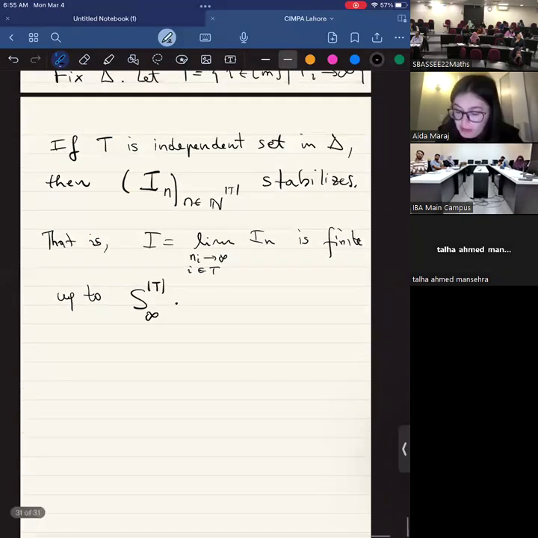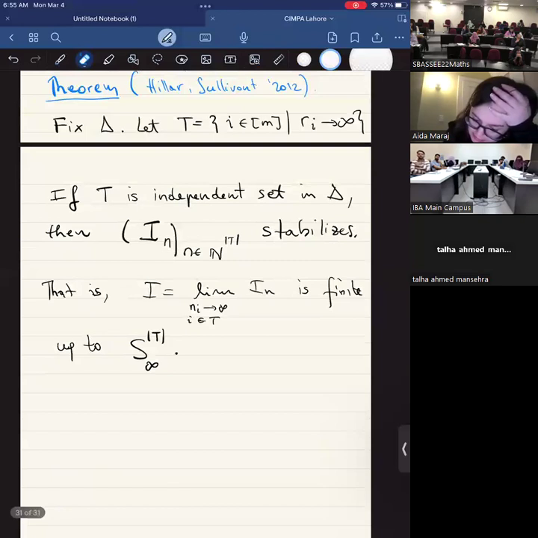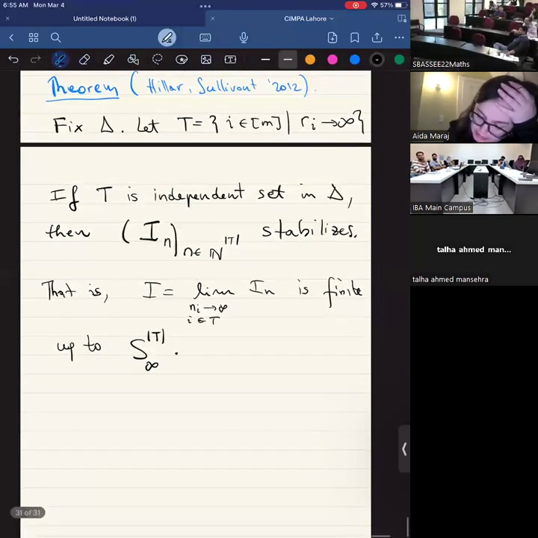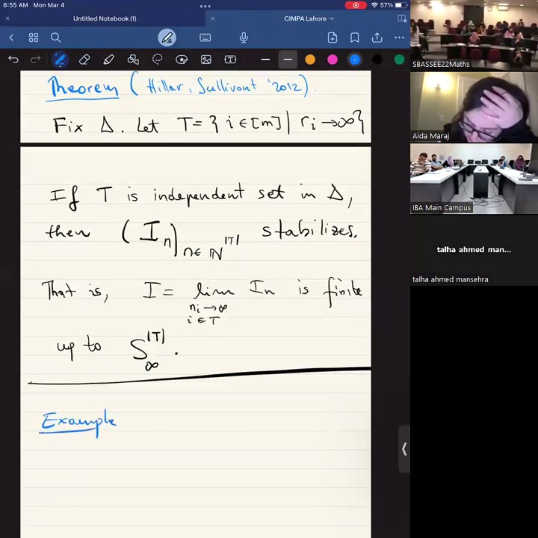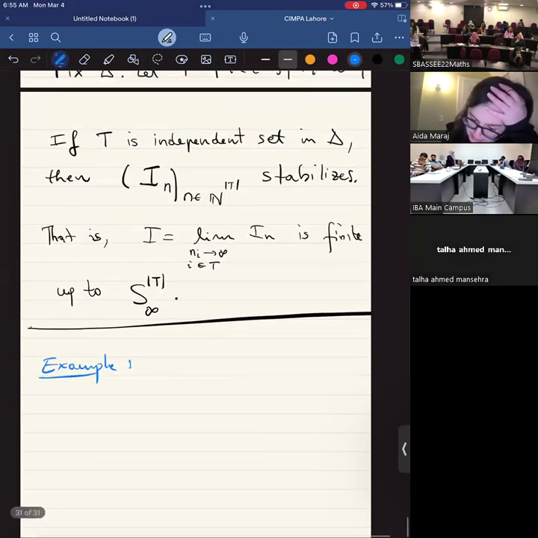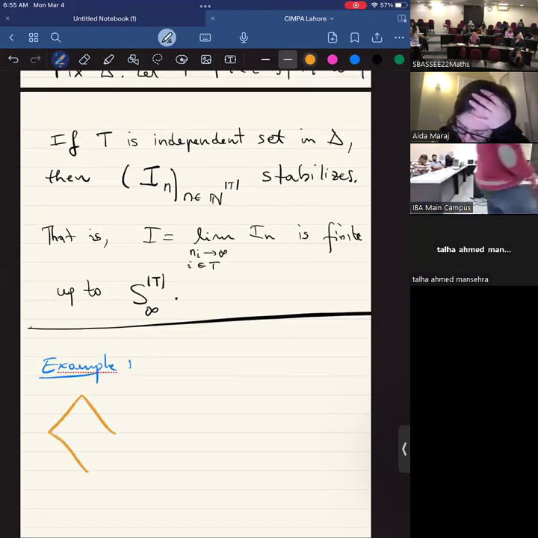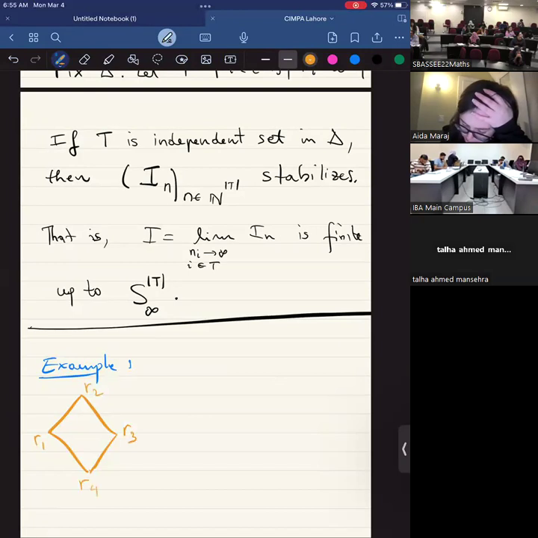Any question here? I can't understand the definition of T. You have a fixed R. So let me give an example. Maybe a good example: we have R1, R2, R3, R4.